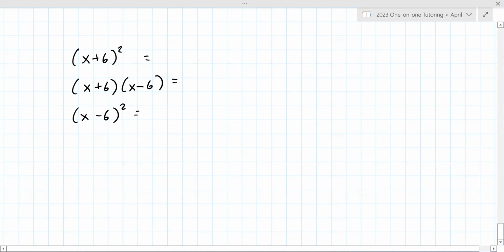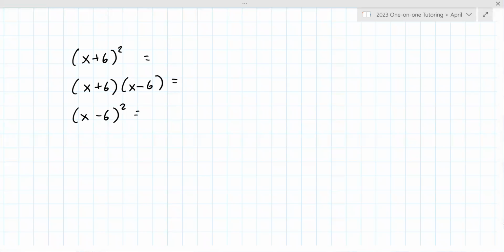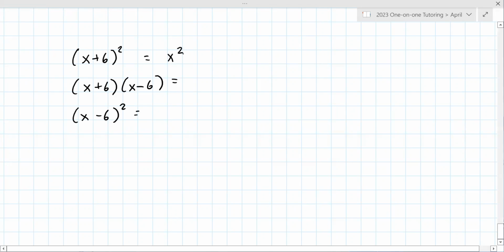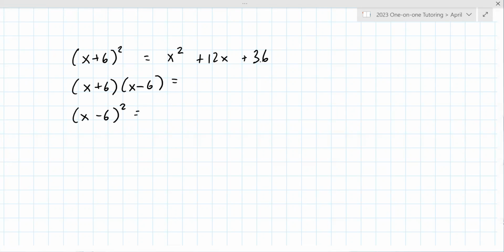So it would be x squared plus 12x plus 36. Okay, good. And it would be x squared minus 12x plus 36 for the bottom one.